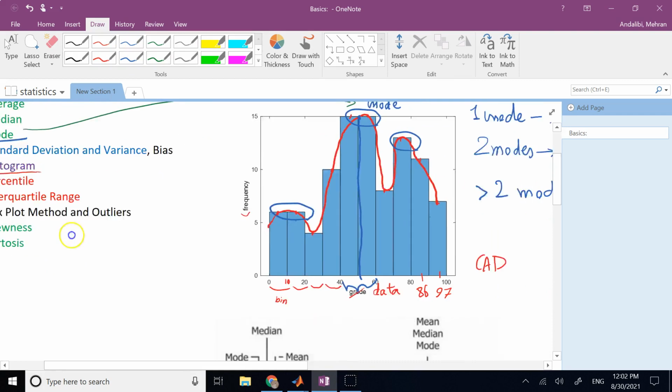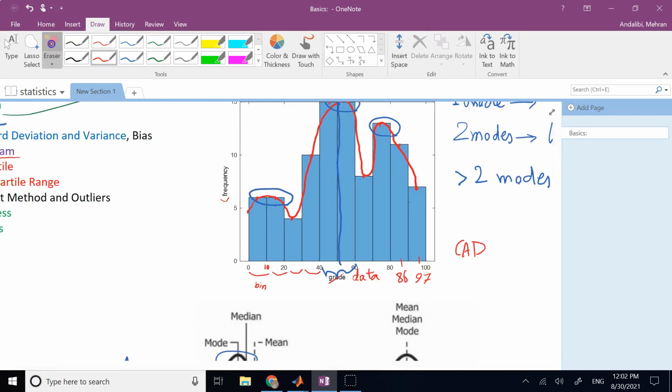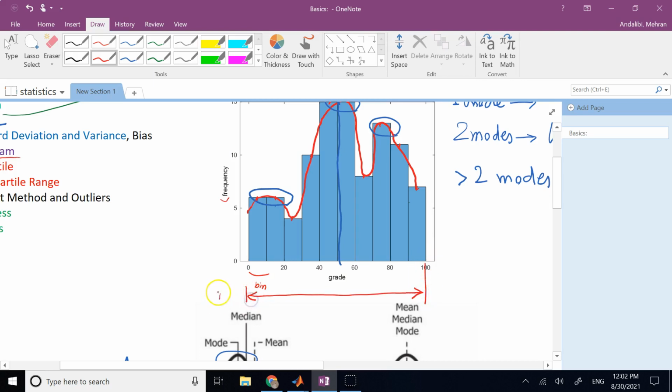The other definition that I can talk about right off the bat here is range, and I mentioned it already. Range means the maximum data that you have minus the minimum data that you have. Let's say the minimum data here is 0, the maximum is 100, right? So this distance between the maximum and the minimum, this is the min data, this is the max data. This distance here is what we call range.